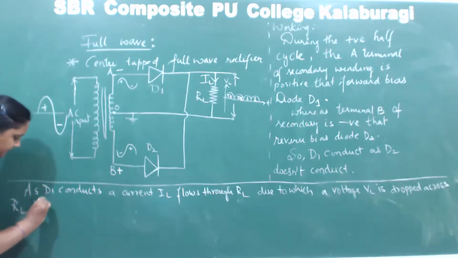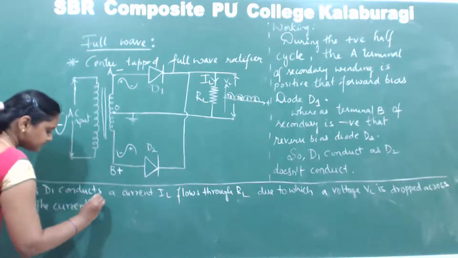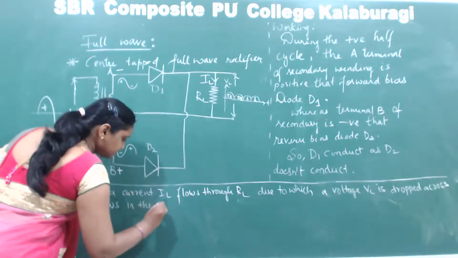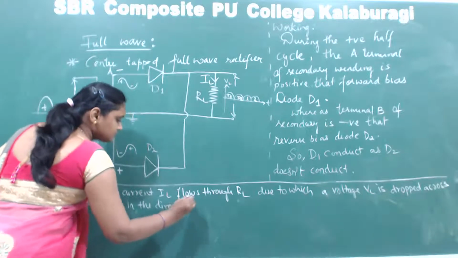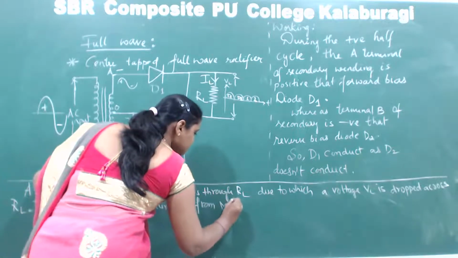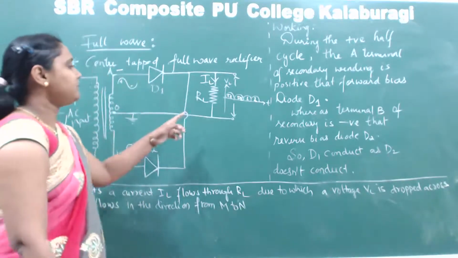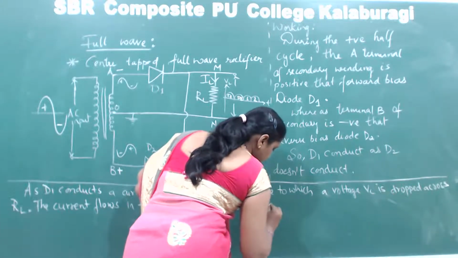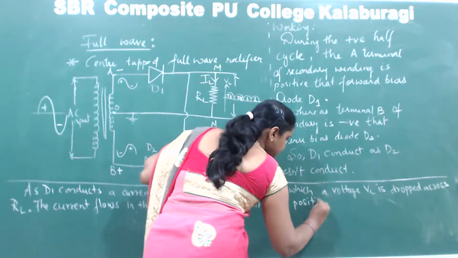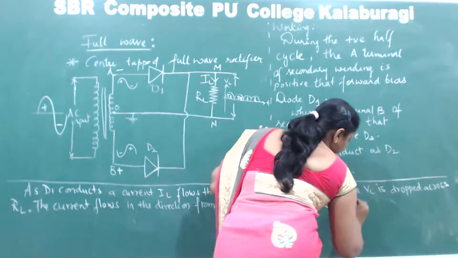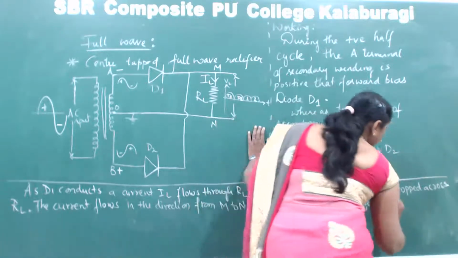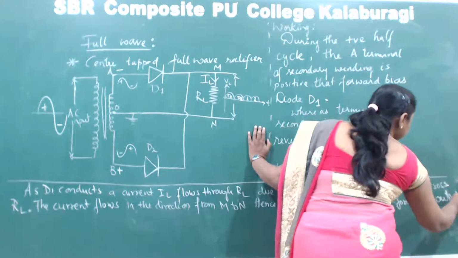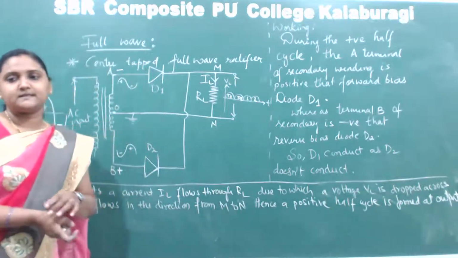The current flows in the direction from M to N. Hence, a positive half cycle is formed at the output. So this forms the positive half cycle.